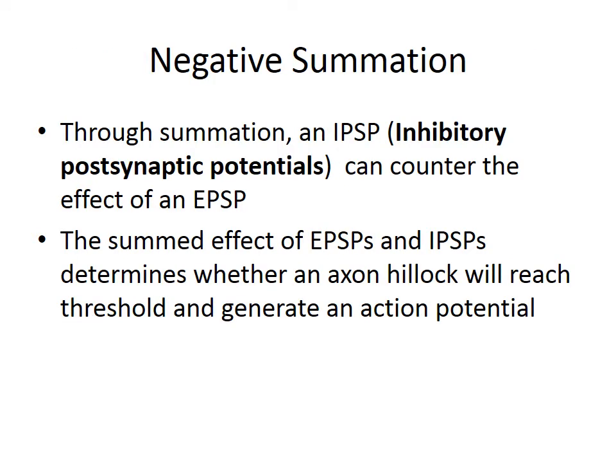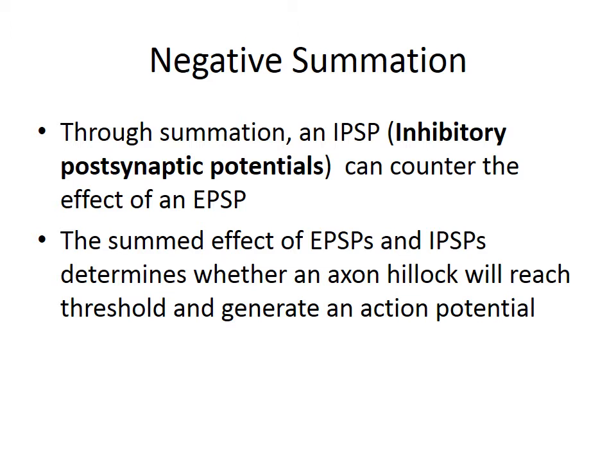You can also have negative summation, because we already talked about IPSPs, so you can add negative action potentials too. So these would be negative stimuli, and you can add them also, just like you can add a negative number. So through summation, IPSP can counter the effect of an EPSP.